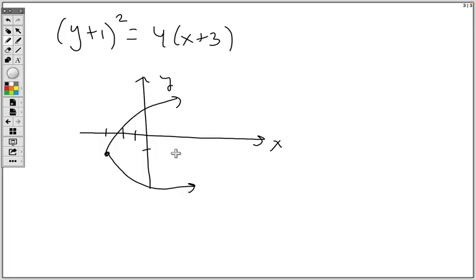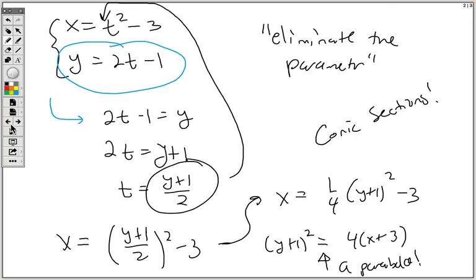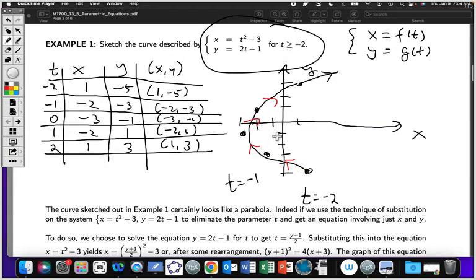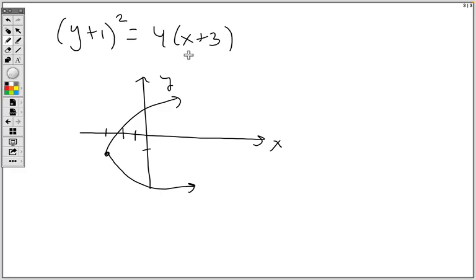So when you eliminate the parameter, you're going to eliminate any restrictions on the curve given by the parameter, but also you're going to lose the orientation of the curve. But it will tell you what the trajectory is. So in other words, we could say that this trajectory is lying on the parabola, y plus 1 squared equals 4 times x plus 3.